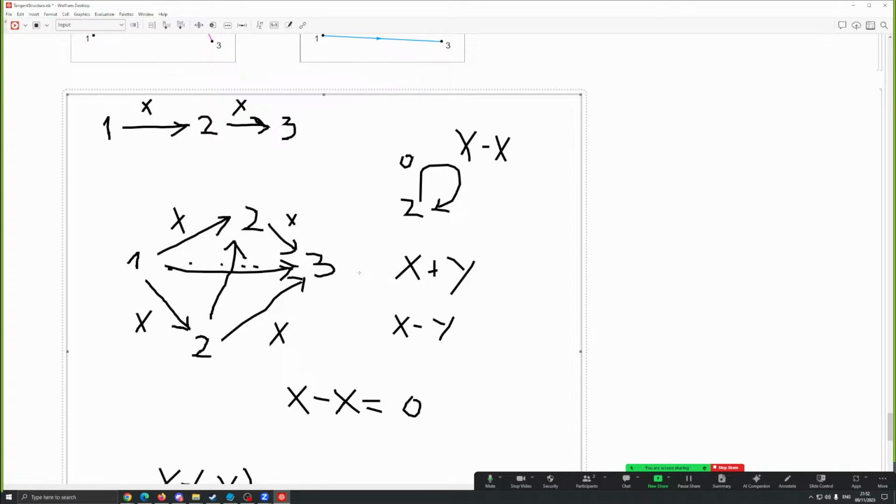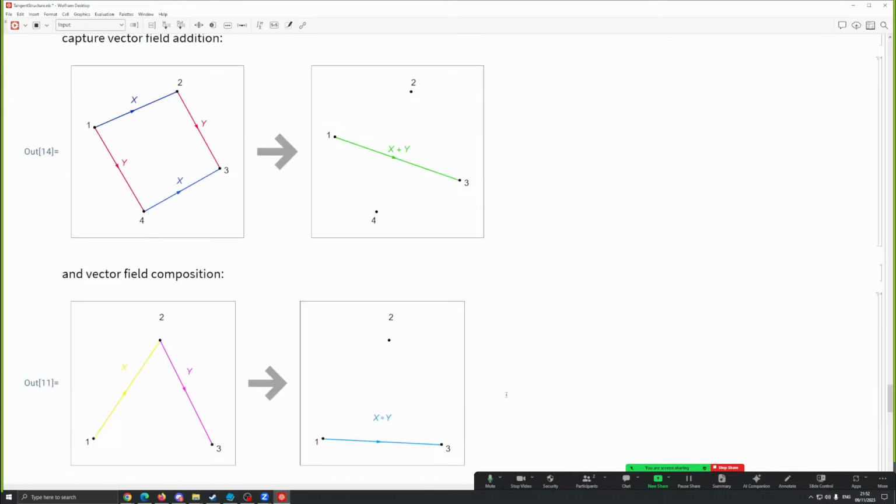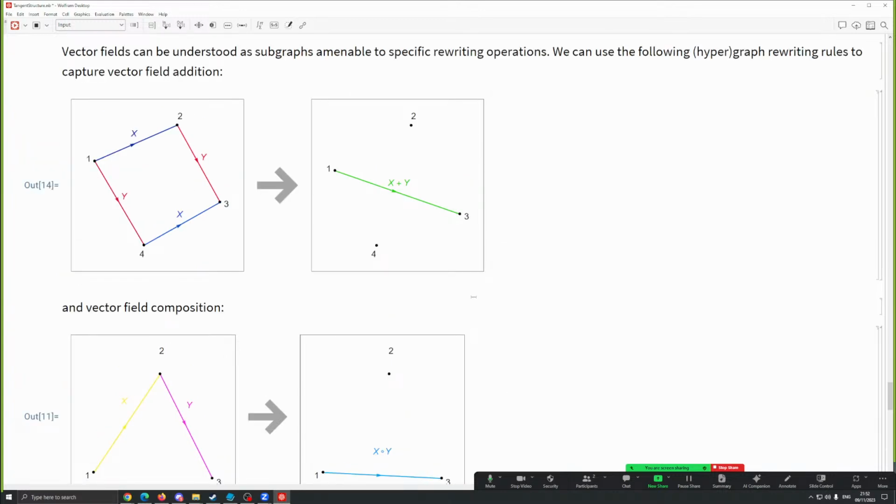Well, maybe we need to consider edges as places. Maybe it's going to resolve this issue.